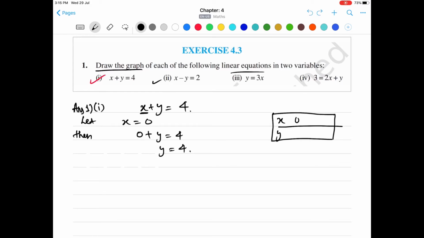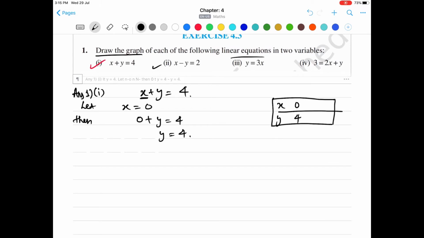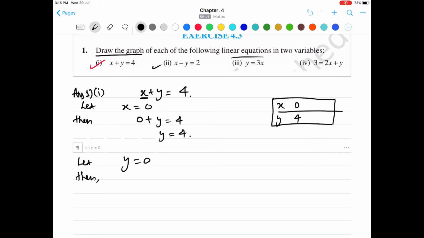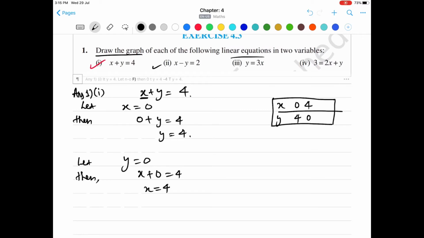So on putting x equal to 0, we get y equals 4. Then this time we'll put y equal to 0. Then our equation will become x, at the place of y we'll write 0, equals 4, hence x equals 4. That means at y equal to 0, x is 4.